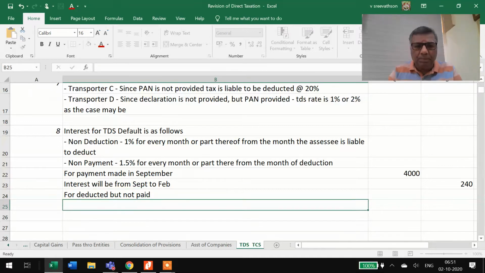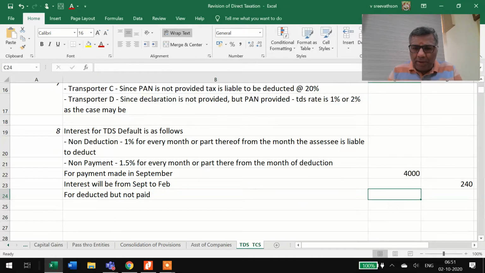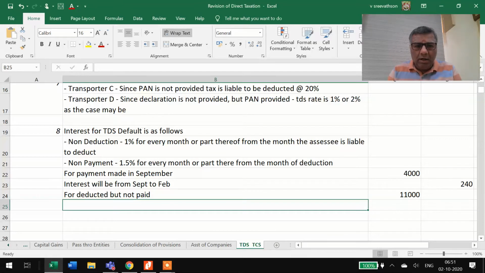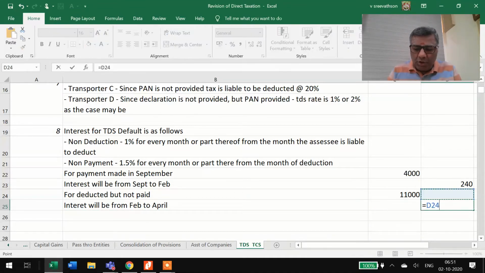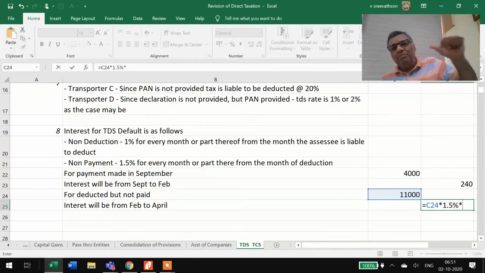but not paid. Okay, so how much? 1,10,000 into 10%, 11,000. Interest will be from Feb to April. So 11,000 into 1.5% into Feb, March, April.